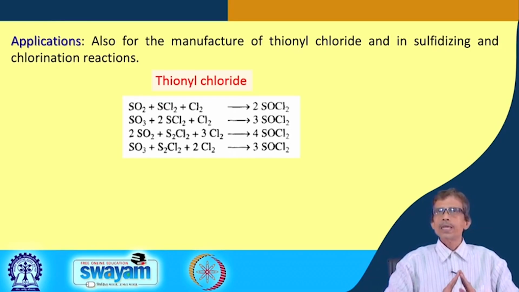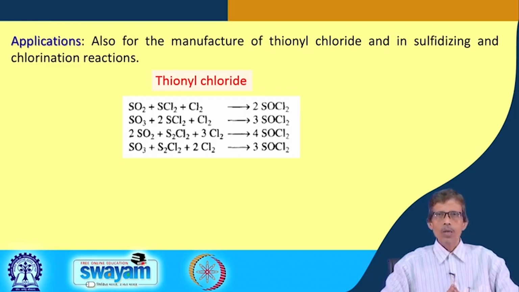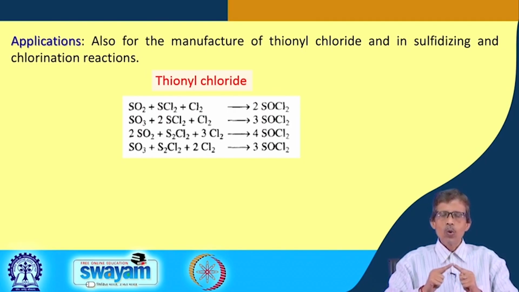So, if we consider that your SCl2 molecule, the sulfur dichloride molecule, is similar to any organic molecule, where you have a sulfur as the center and two carbons attached to that center, we consider that molecule as the thioether.